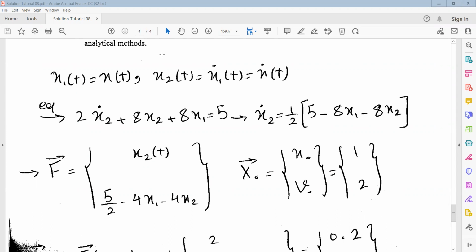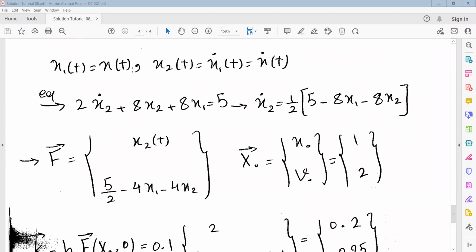Similar to the procedure that I explained yesterday, you can consider two new parameters x1 and x2, where x1 is equal to x(t) and x2 is equal to x dot or x1 dot. Now we can form two ordinary differential equations of order 1, and we can form the vector f, which is the right hand side of the x1 dot and x2 dot equations.